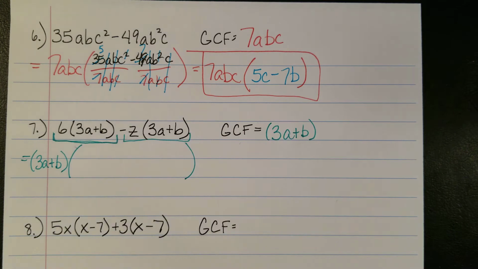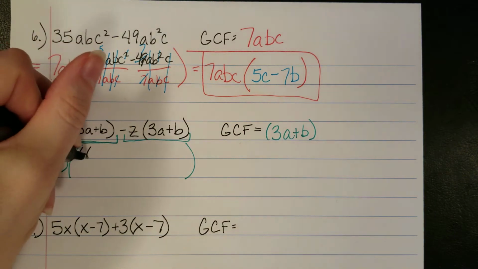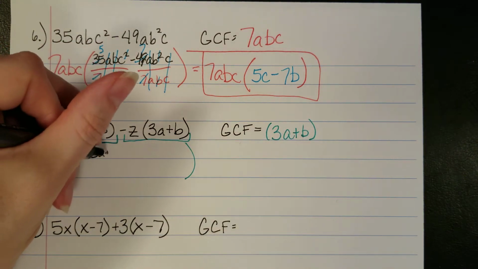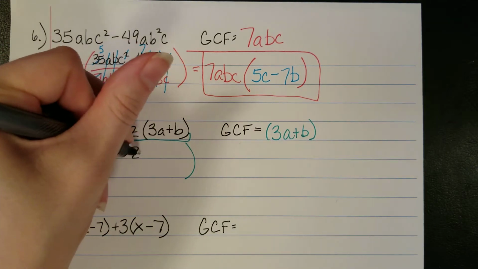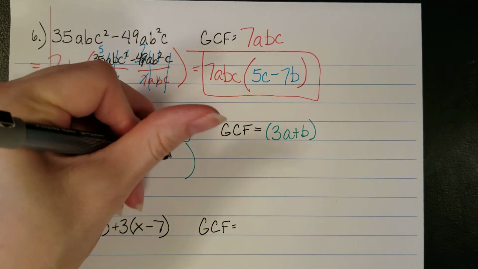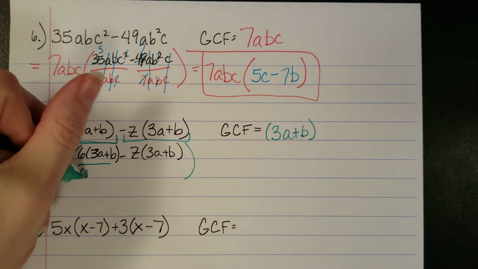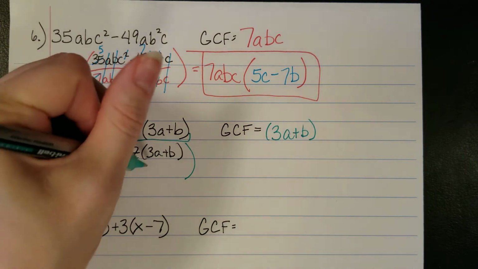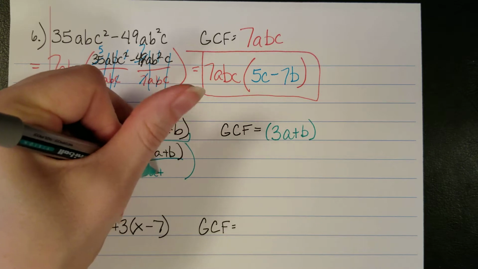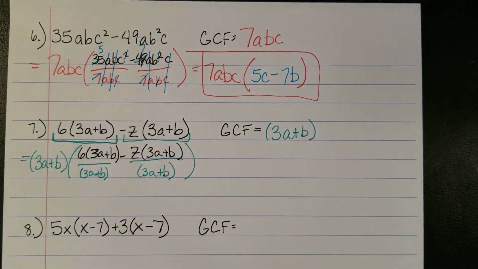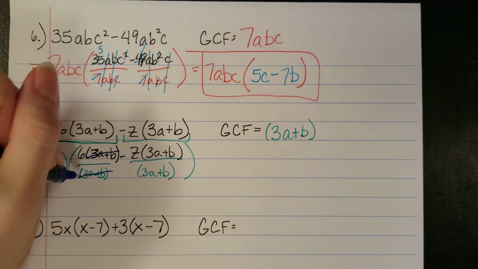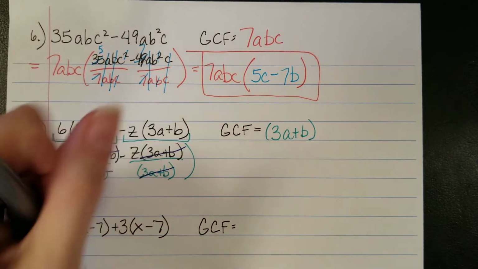And then we're going to take each of these. We're going to divide each of those two terms by the 3a plus b. So then 3a plus b cancels out.